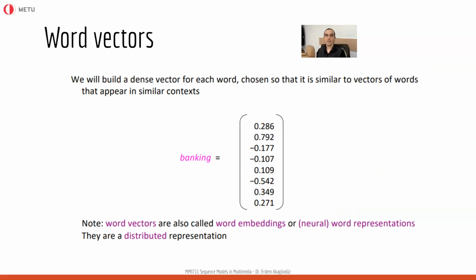A word will not be represented using only a bunch of zeros and a single one. It will be represented by a number of real values in one vector, not necessarily being the size of the vocabulary this time, because you can create different values. So these are called word embeddings.